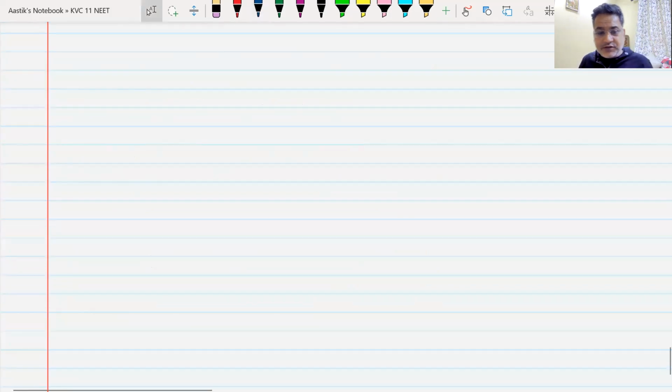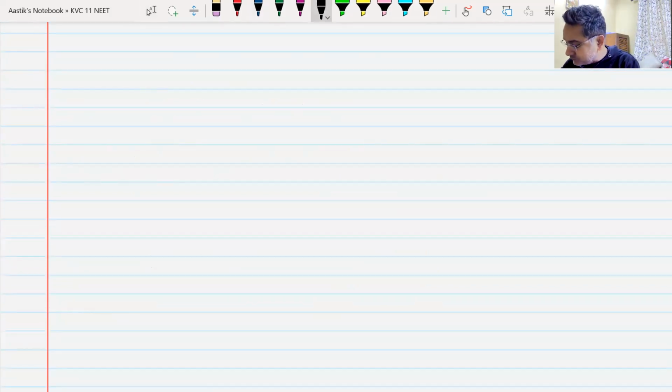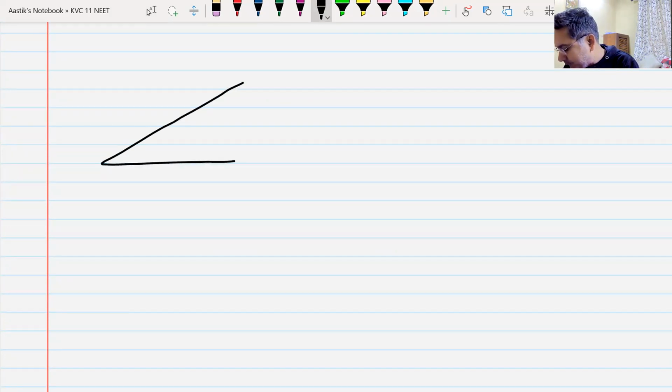Let me now put a question for you. The body is kept on an inclined plane like this. The mass of the body is 5 kgs, and this is a frictionless surface.